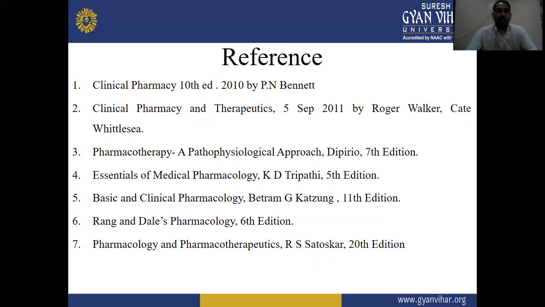Sixth reference is Rang and Dale's Pharmacology, 6th edition. And the last reference is Pharmacology and Pharmacotherapeutics, R.S. Satoskar, 20th edition. These are the references for jaundice.